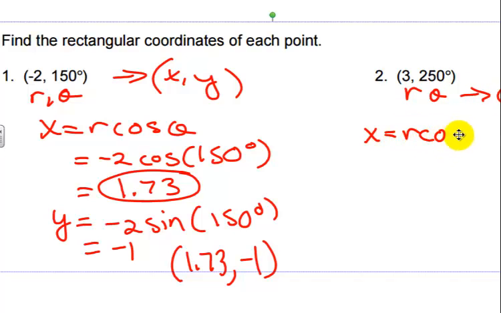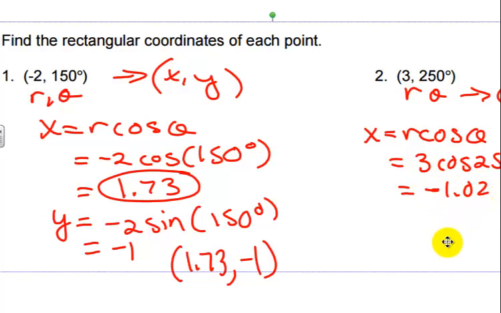X is equal to r cosine theta, 3 cosine of 250. That's going to give us -1.02. And then our y value, 3 sine of 250, will give us -2.81.